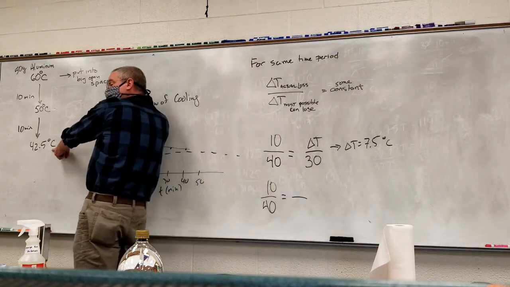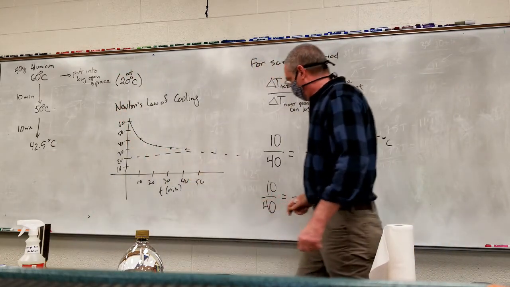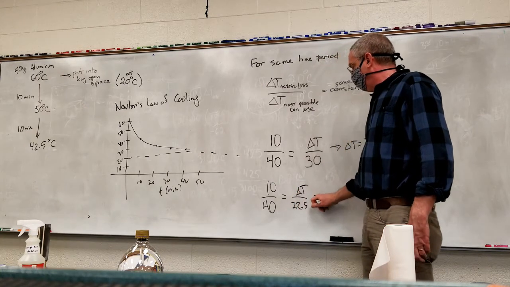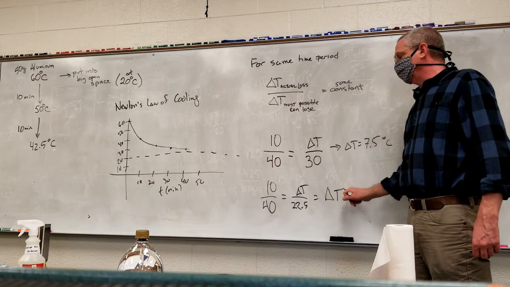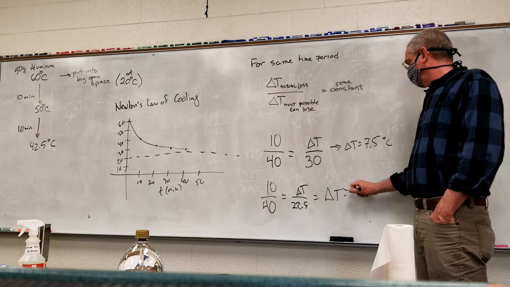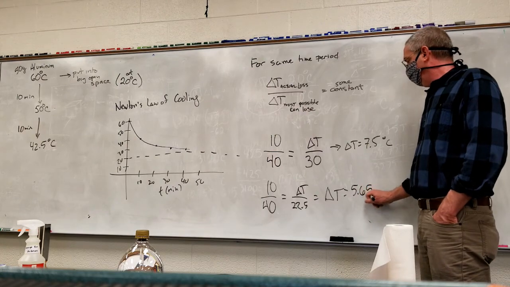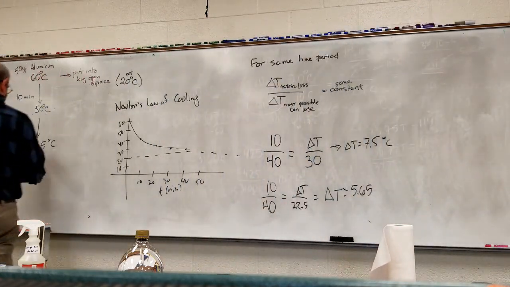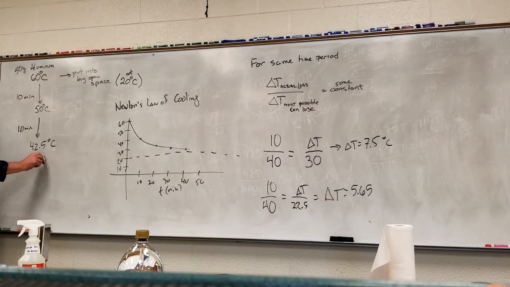The most you could possibly lose is 22 and a half. And so delta T is 5.625. 5.61. And so minus 5.6, 36.85 for the next round, after the next 10-minute period.